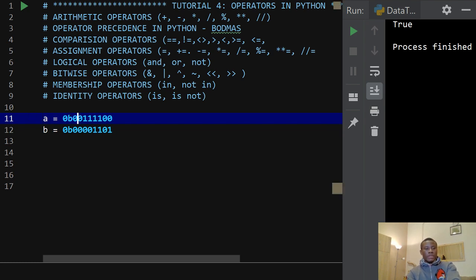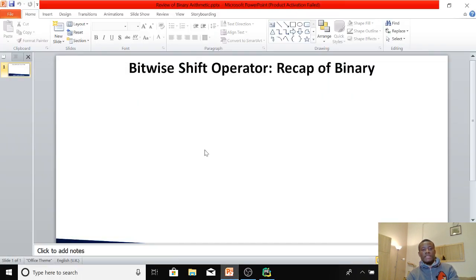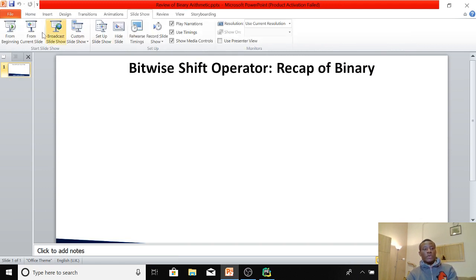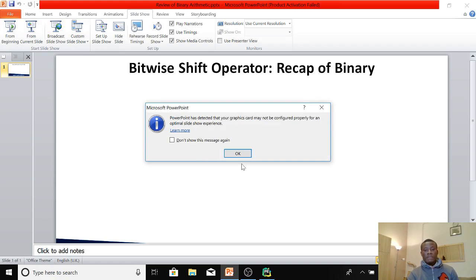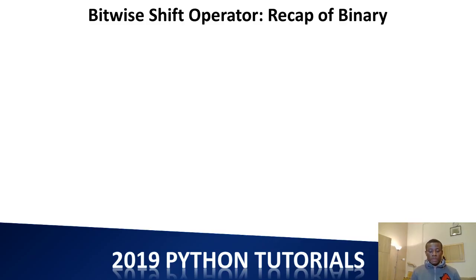So we've specified a binary number with 0B. This 0B is actually not part of the number. Let me show you a bit of how to manipulate decimal numbers. Basically, I'm going to recap binary numbers for you in the easiest possible way that you need to know as a programmer. So let me take my writing pad, and I'm going to teach you how to convert to binary very easily.